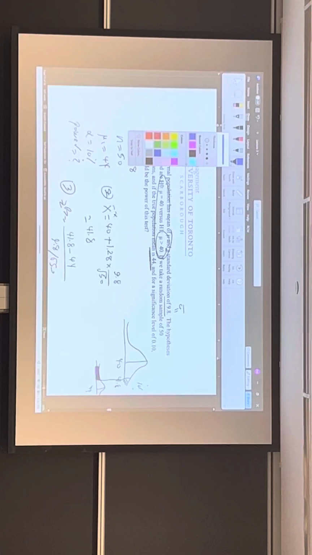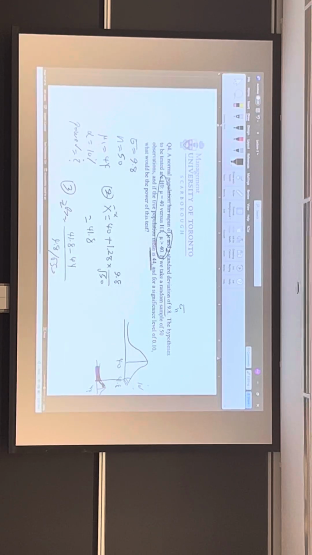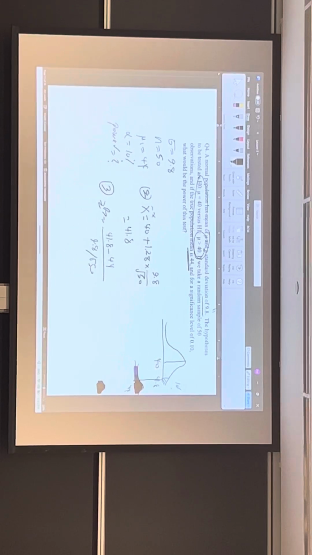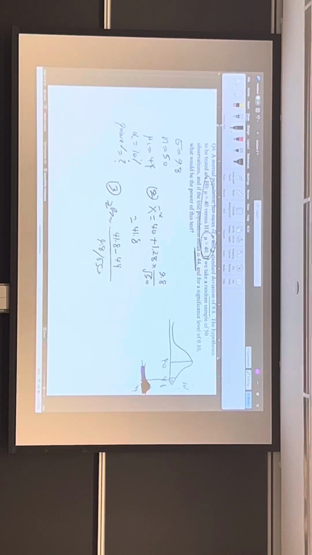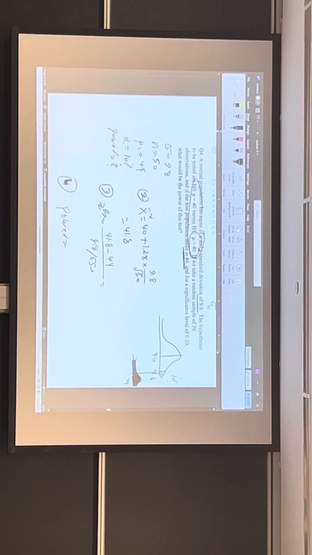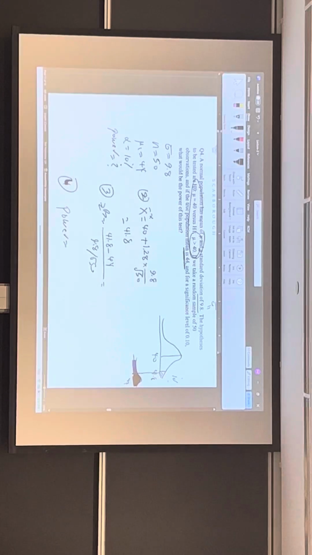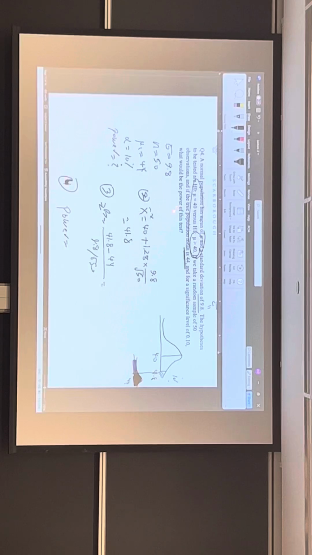That's 1, that's 2. Now we want a power. Which one do we want? Which is the power, which is the beta? The beta allows you to calculate both those areas, the blue area and the black one. Which one do we try to find when the question says find power? Blue.